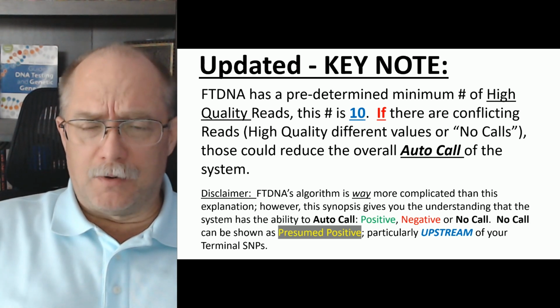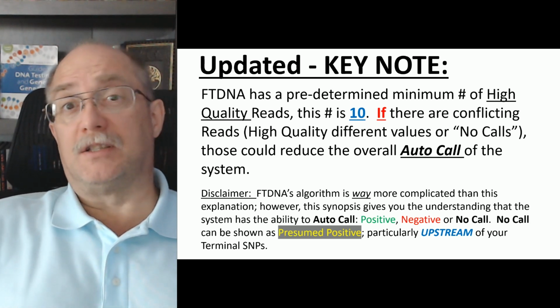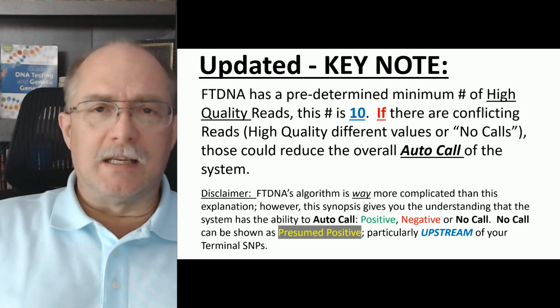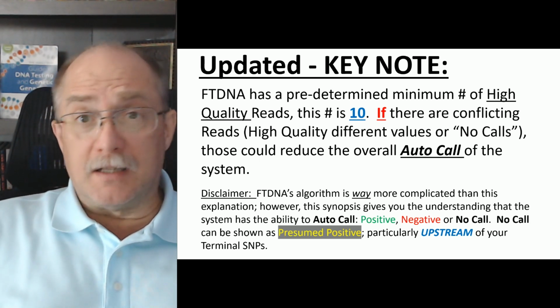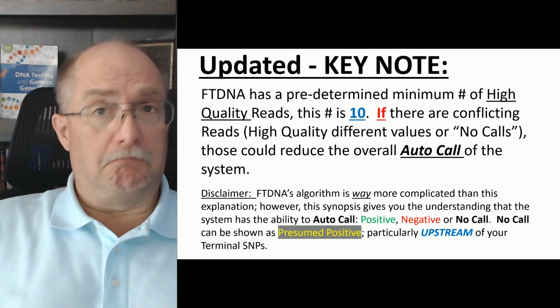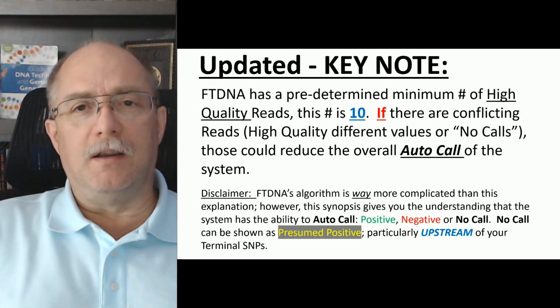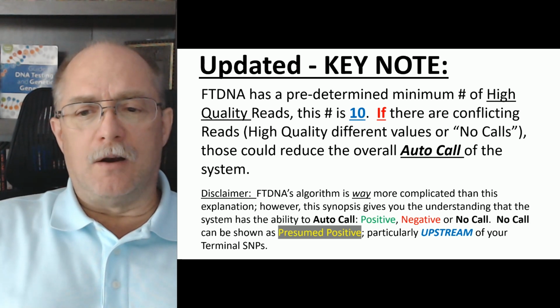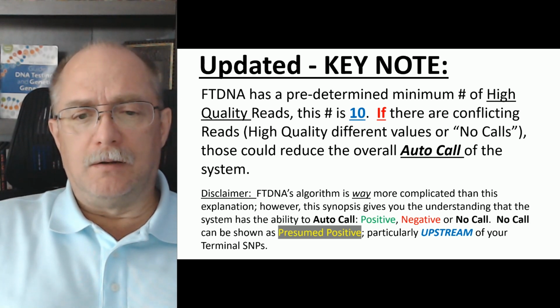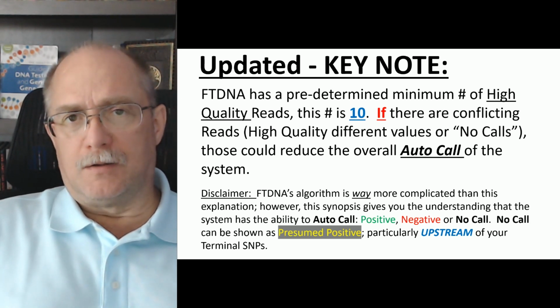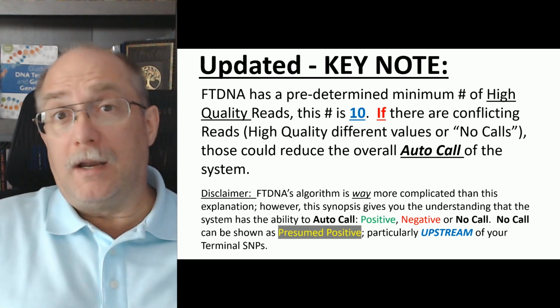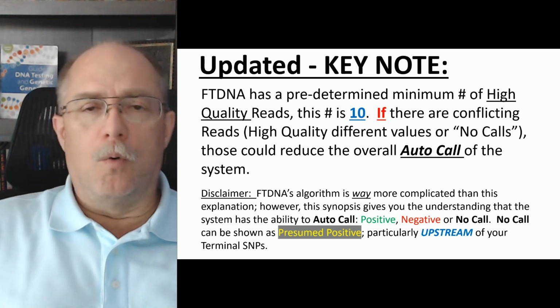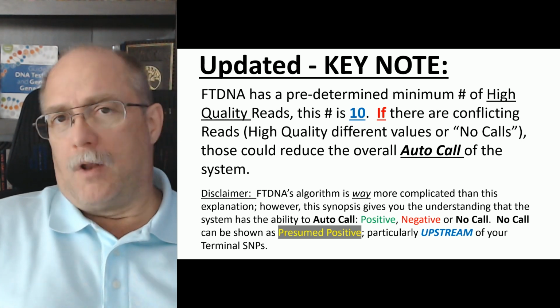Now, disclaimer, they have a lot bigger algorithm than just this statement, but in general, the system can auto call a positive, a negative, a tested positive, a tested negative, and will automatically put a no call value. And if it's now a presumed positive, it's directly upstream of your terminal SNP at some point up that stream. It could be way up, or it could be within a few blocks of yours.